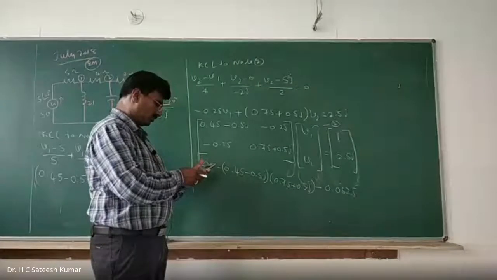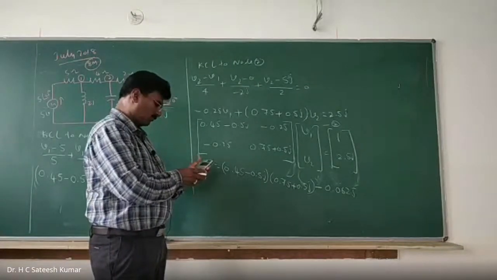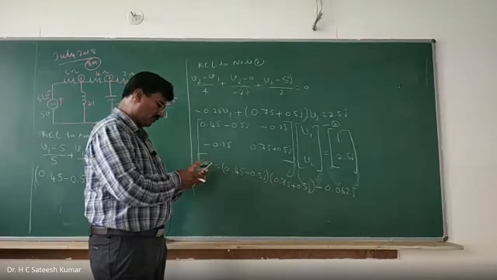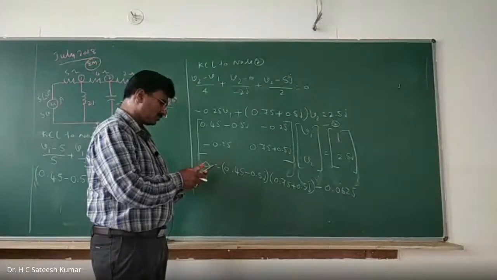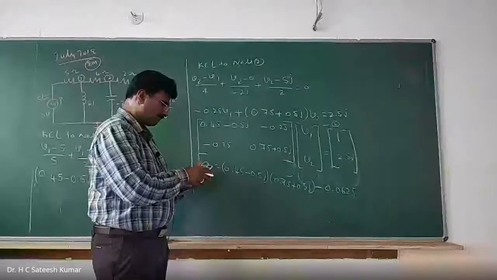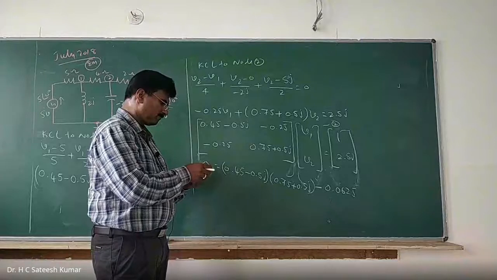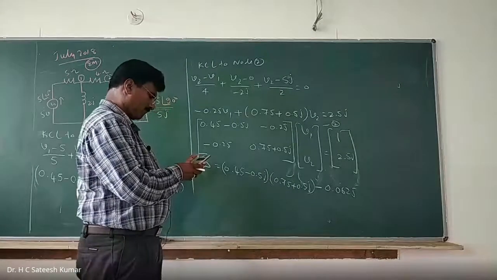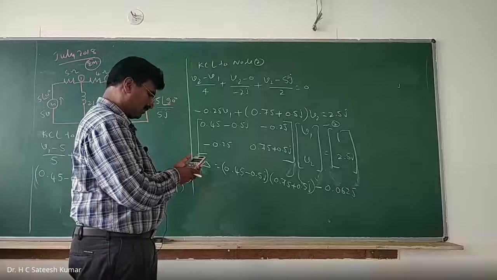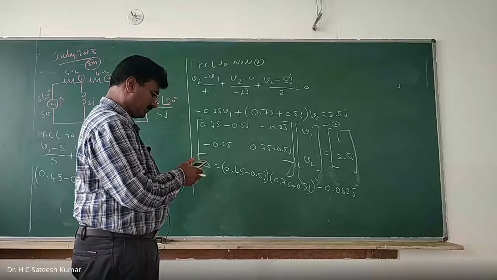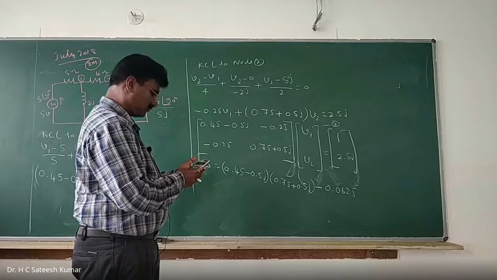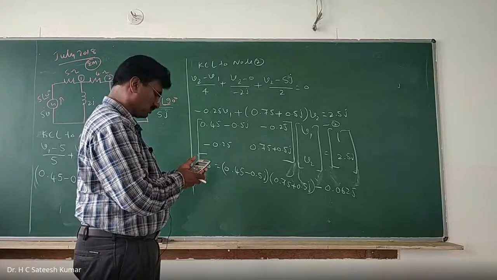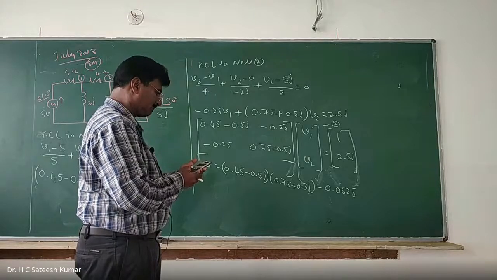Go to complex mode, put bracket 0.45 minus 0.5i, close the bracket, into bracket 0.75 plus 0.5i, close the bracket, equals, minus 0.0625.